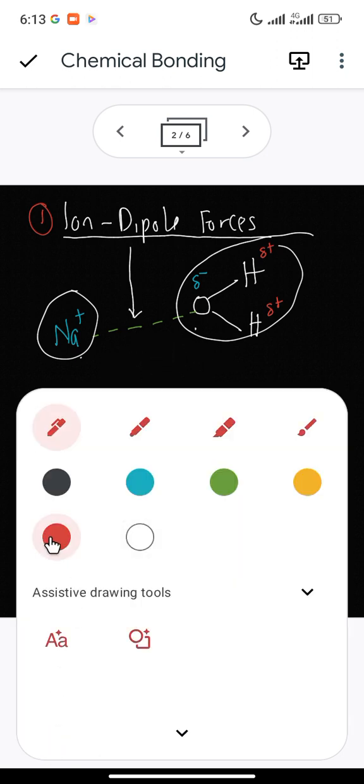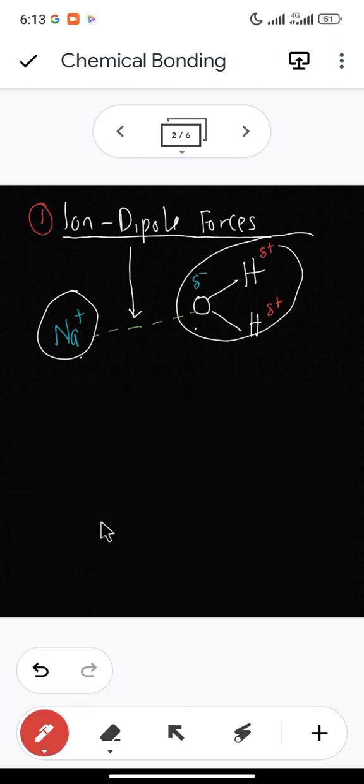So we go to the next type of intermolecular force. The second type is the van der Waals forces, or bonds.